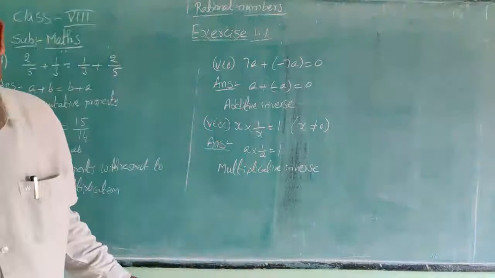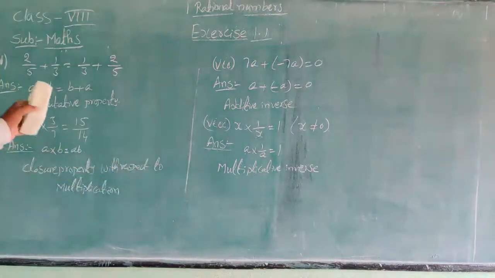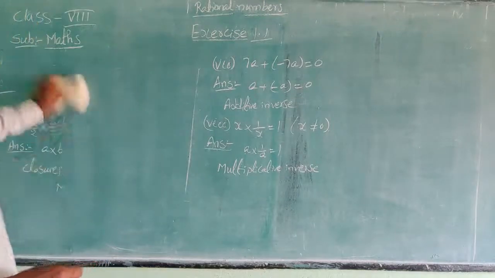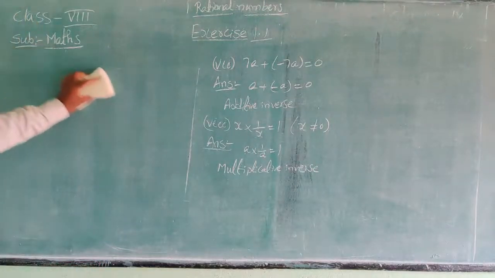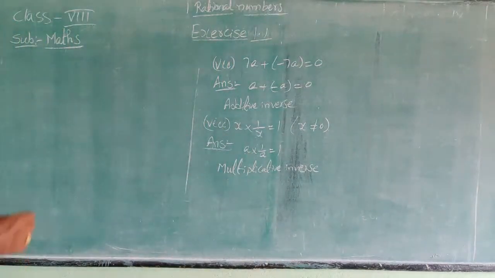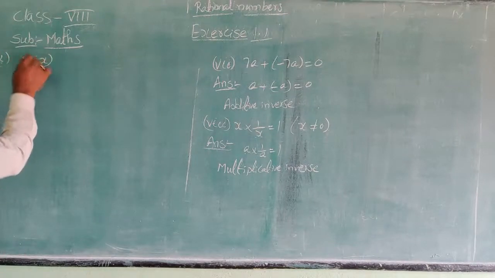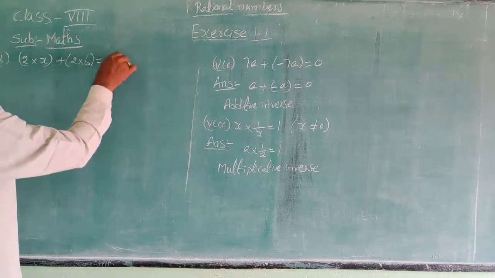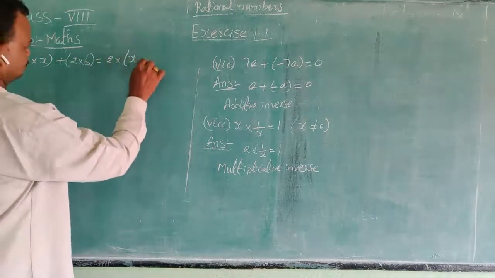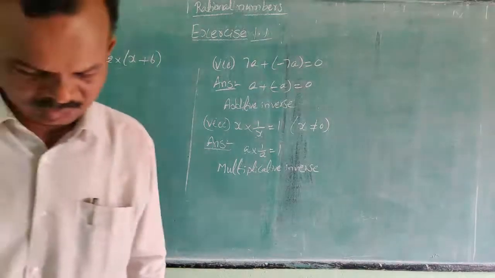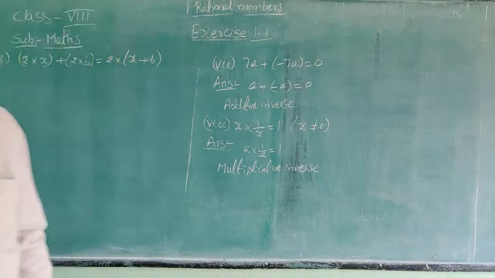Next one. 2 into x plus 6 is equal to 2 into x plus 2 into 6.